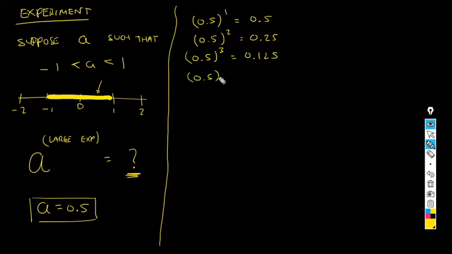Now let's jump to raising 0.5 to the 5th. Let's do it. You're gonna get 0.03125. Now let's make a bigger jump. Let's raise 0.5 to the 10. Let's do it.